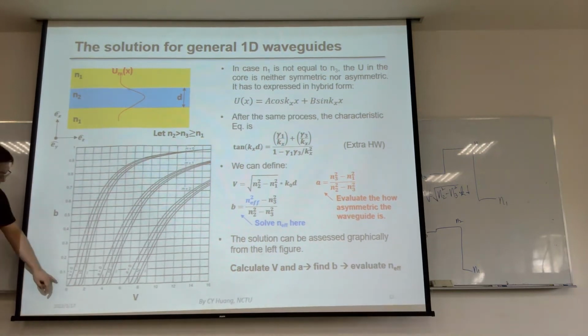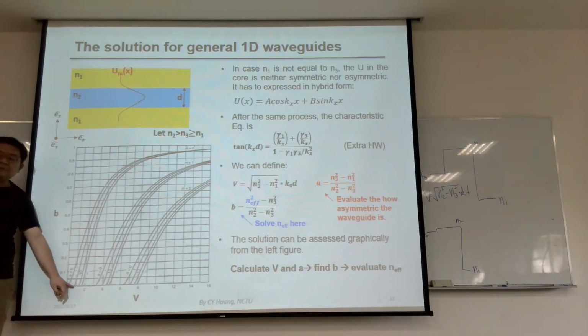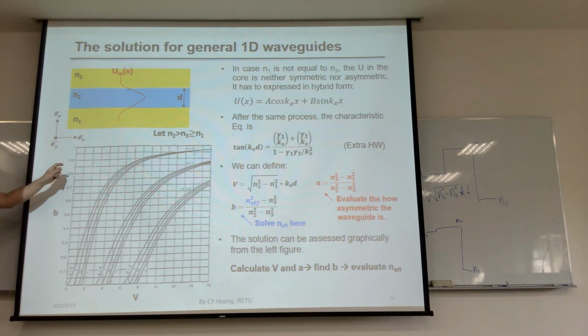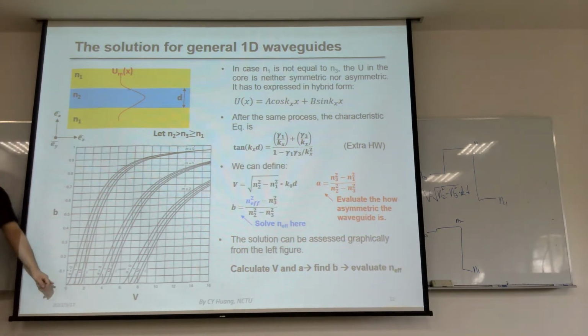So if your waveguide is very asymmetric, you might have no fundamental mode. That recalls homework number 1. If you have an asymmetric quantum well, it is possible that you don't have any ground state of that quantum well.